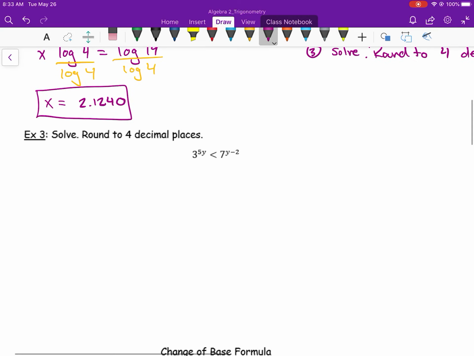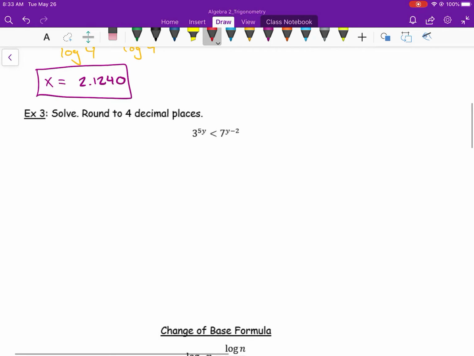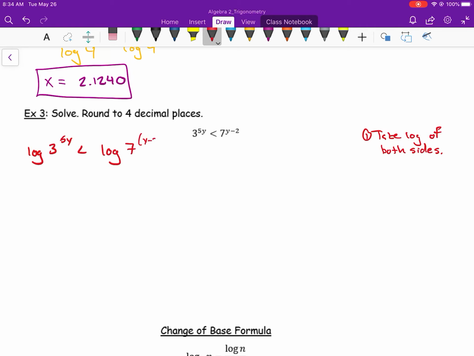Alright, next one. We have exponential inequalities where the variable's in the exponent, so this is where you take your common log. You get log 3 to the 5y is less than log 7 to the y minus 2.